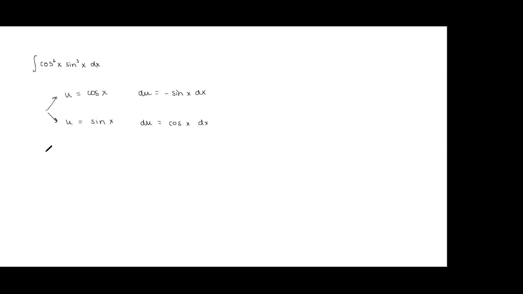So I'm going to use the two possible splits that we have for that integral to see how we can evaluate it. So the first possibility tells me that I need a sine of x in order to replace my dx. Right, so that means I'm going to have cosine to the power of 6 of x times sine to the power of 3, but I can split that into sine to the power of 2 of x times sine of x dx.